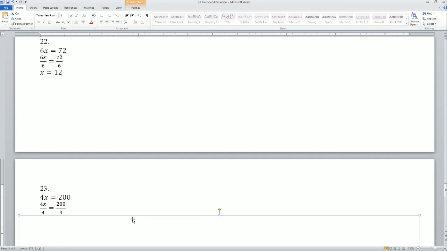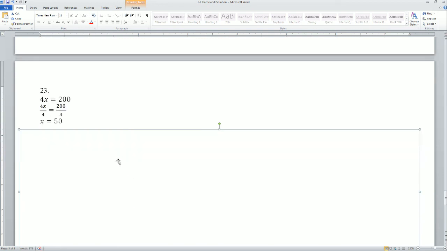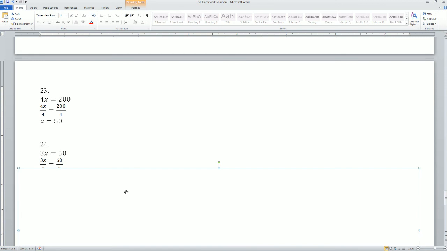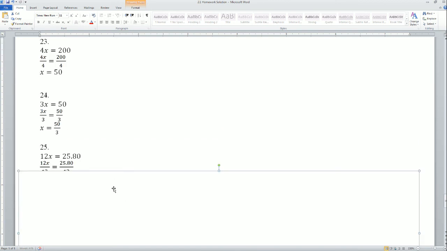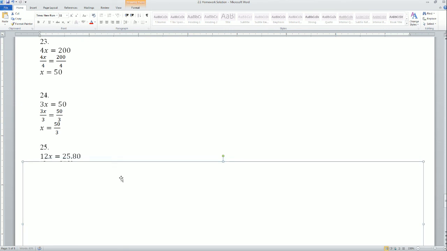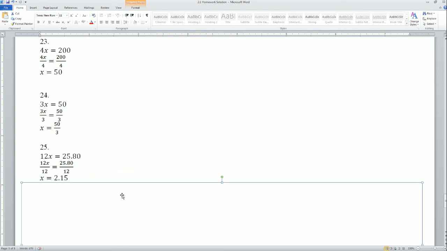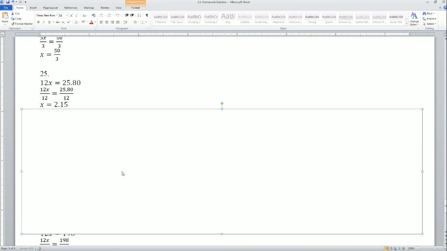Divide 4 to both sides. You should get x equals 50. 24. 3x equals 50. Divide by 3 to both sides. You should get x equals 50 over 3. 25. 12x is equal to 25.80. Divide 12 to both sides. You should get 2.15 in your calculator.